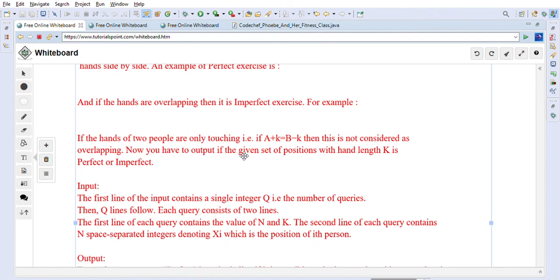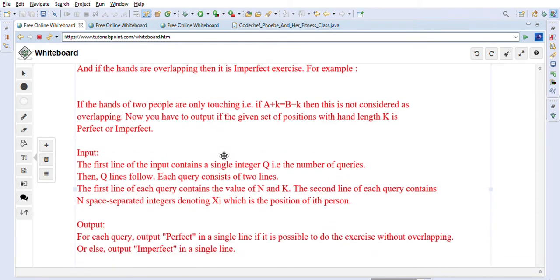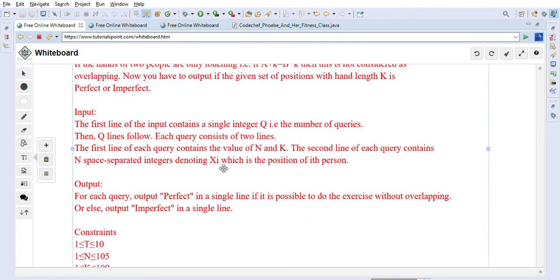So now you have to output if the given set of positions with hand length k is perfect or imperfect. So let's take a look at what's given to us in the input. q is the number of queries, that's fine. The first line of each query contains the values n and k.